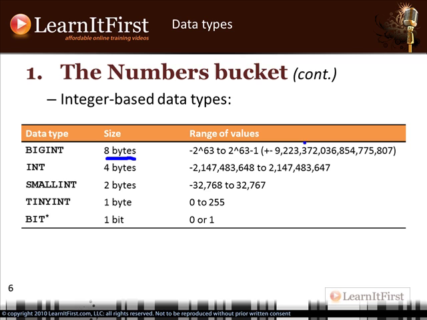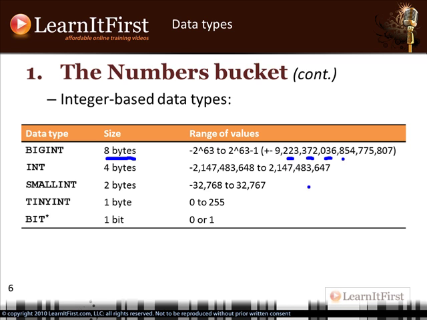Now, you'll notice over here the maximums and minimums. Okay, so this is a big number, so we've got million, billion, trillion, quadrillion, quintillion. I think I got that right. I think that you're talking plus or minus 9 quintillion. Those are the different values that you can store in your bigint.